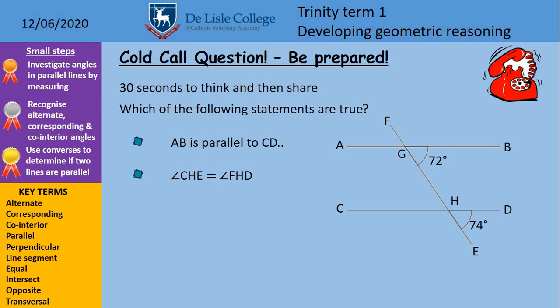Because FHD, that will be 106 degrees, because that's angles on a straight line. 106 plus 74 is 180, so FHD is 106. CHE would be then vertically opposite, so that also would be 106 degrees, and you could prove again you've got a straight line underneath, so 106 plus 74 would form the other straight line of angles that adds up to 180 degrees. So first one is false, second one is true.